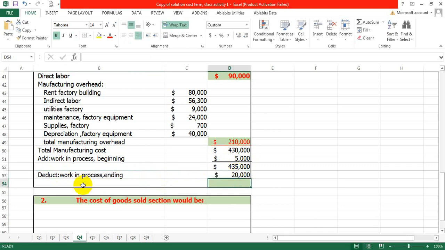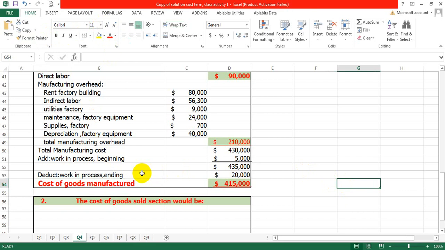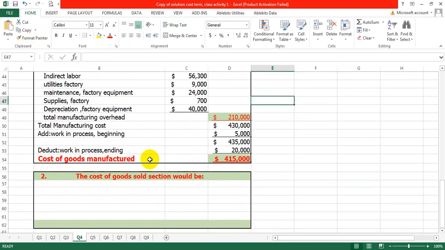So after deducting this value, we get 4,15,000. So this is the value of cost of goods manufactured, right? I hope you guys understand, students. Do you understand? Right, so cost of goods manufactured is 4,15,000.